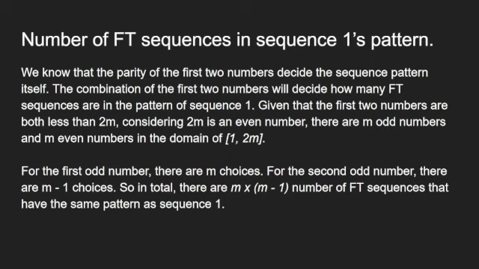Given that the first two numbers are both less than 2m, and considering 2m is an even number, there are m odd numbers and m even numbers in the domain of 1 to 2m. So for the first odd number, there are m choices. And for the second odd number, there are m minus 1 choices because we already picked a choice for the first number. So in total, there are m times m minus 1 ft sequences that have the same pattern as sequence 1.